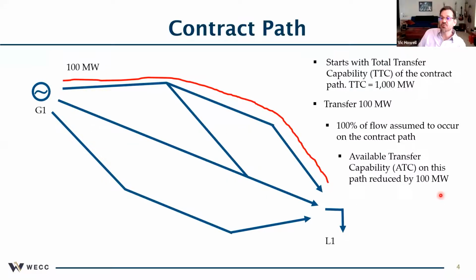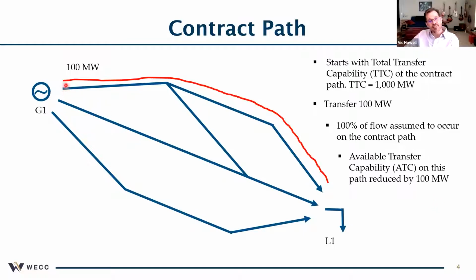And once that agreement's in place, the total transfer capability of this contracted path is reduced by 100 megawatts. So that is essentially, at a high level, the way the contract path method works.